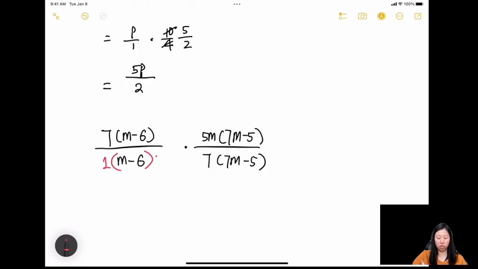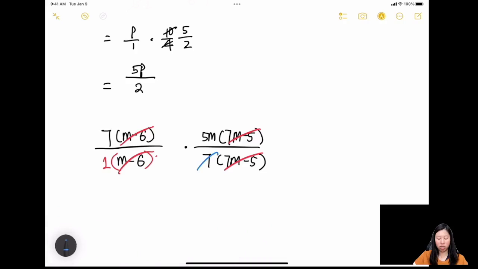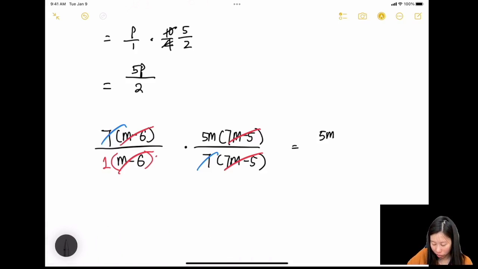So I can simplify m minus 6 and m minus 6, and 7m minus 5 and 7m minus 5. But that's not it. I can also cross simplify 7 and 7. So what's left is 5m times 1 over 1 times 1, because they all got cancelled. So I end up with 5m over 1, which is 5m.